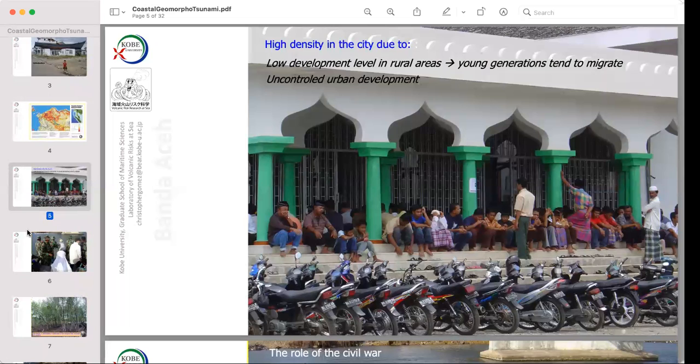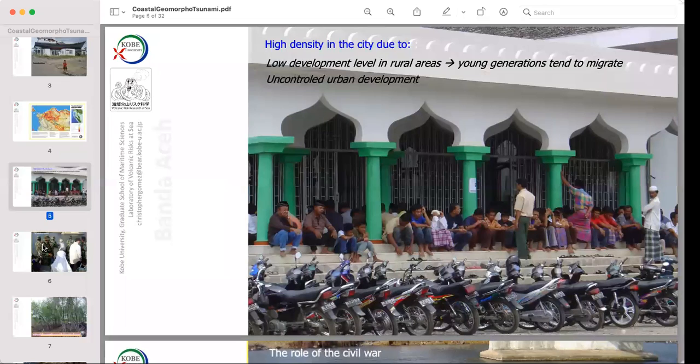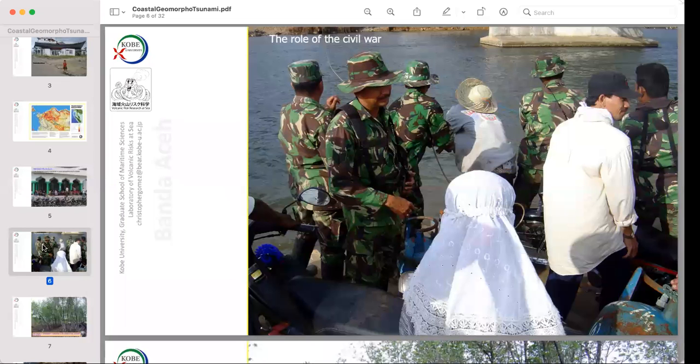And local people, if you look at some of the islands, let's say, in those areas where you have Simeulue Island and other islands, people know very well about the hazards, and we didn't have so many deaths there. But one of the problems we had in Banda Aceh was the war between the GAM and the National Army of Indonesia.